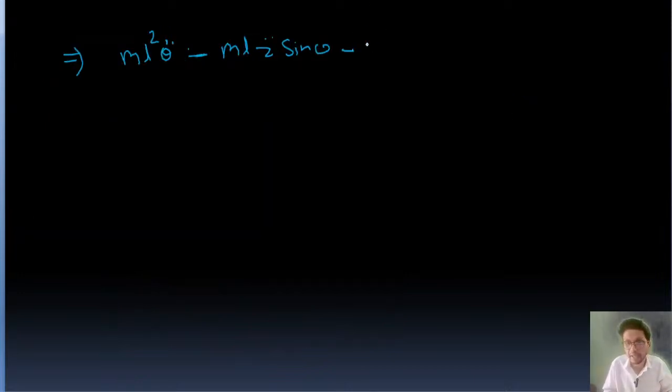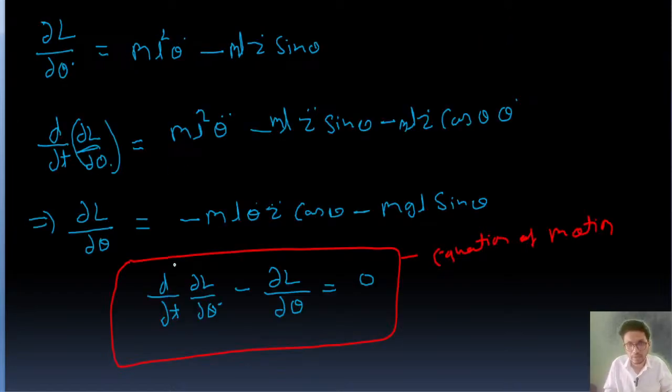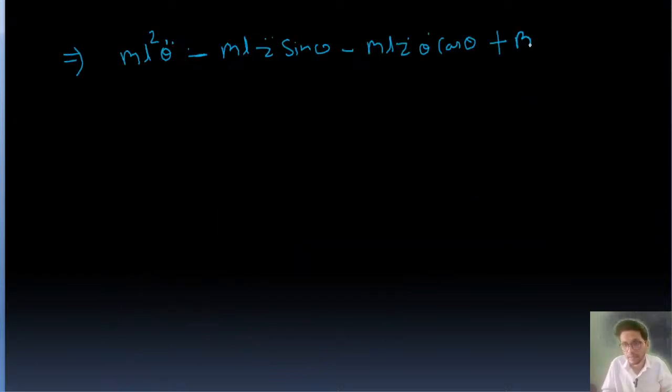Minus m l z dot theta dot cos theta, plus, now this value, minus minus plus, right, plus m l theta dot z dot cos theta, m l z dot theta dot cos theta, plus mgl sin theta.